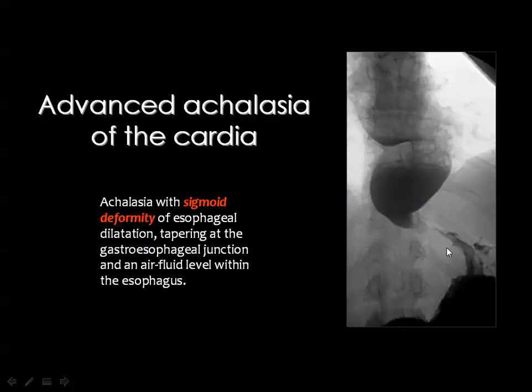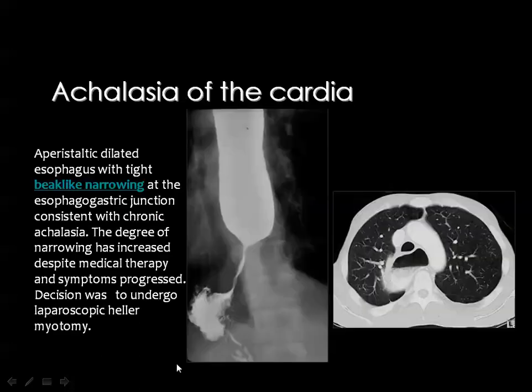This is a benign lesion, and it may stay for years with little manifestations, and the esophagus proximal to this segment of narrowing will be hugely dilated. It is sometimes called the sigmoid esophagus, which simulates the sigmoid colon.